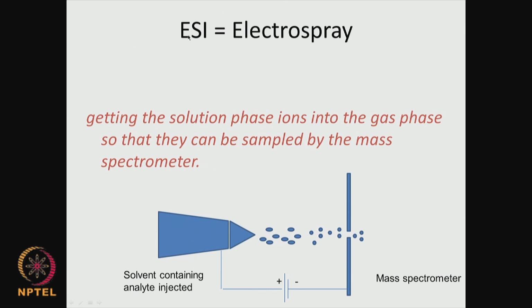ESI is another technique, it is much milder, it is electrospray ionization. So, what we do is the analyte and solvent together is injected through a small nozzle, we apply a very high voltage here. So, the stream coming out will be a small diameter spray, and it will be very highly charged.